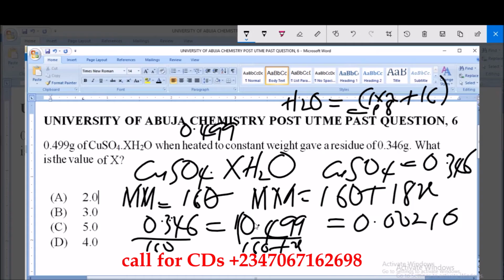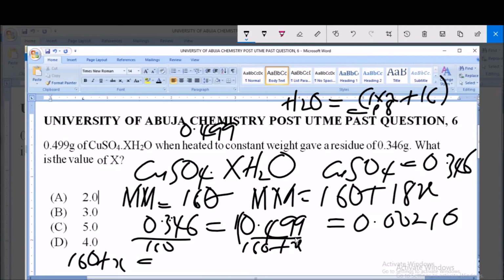So from here we have that 160 plus 18x equals 0.499 divided by 0.00216, which gives you 231.02.